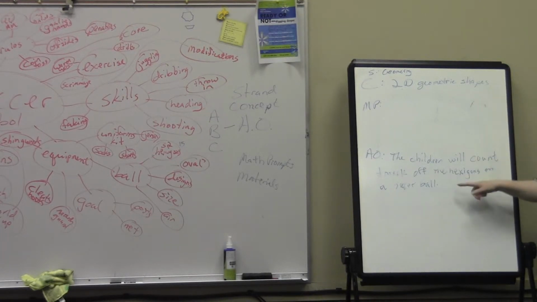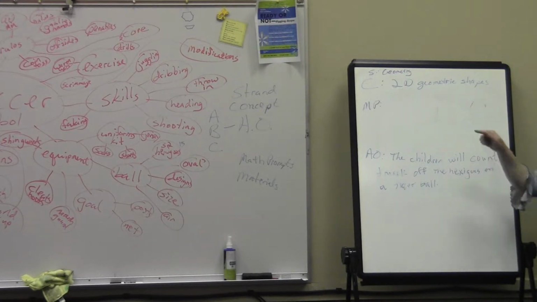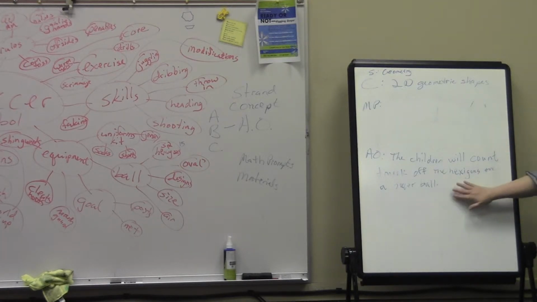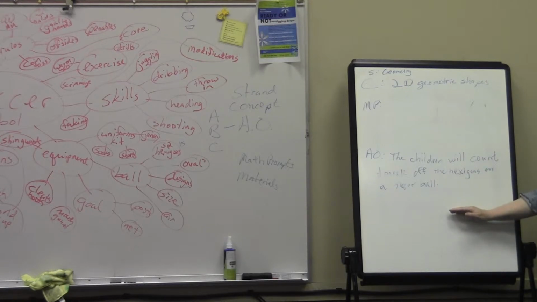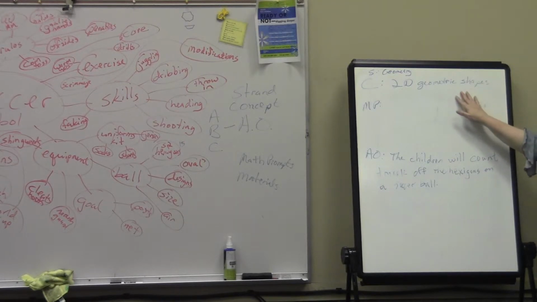If you really focused on, here's one hexagon, here's two hexagons, here's another hexagon shape with six sides, as you're doing the activity with the child, this would be your concept. If you're really focusing on, let's count these hexagons, here's 1, here's 2, here's 3, then it changes to number and operations and rational counting.